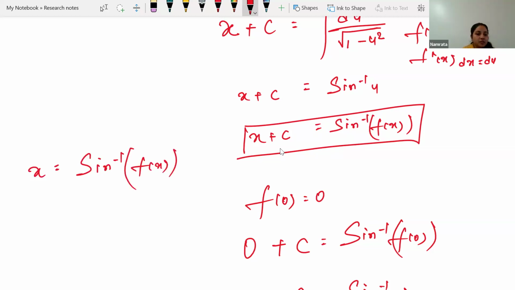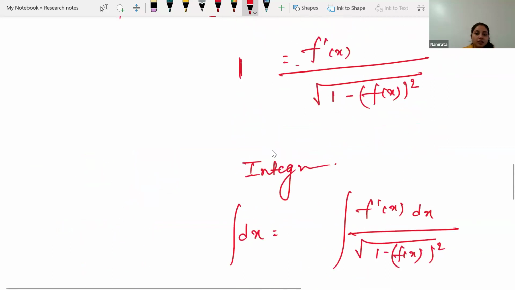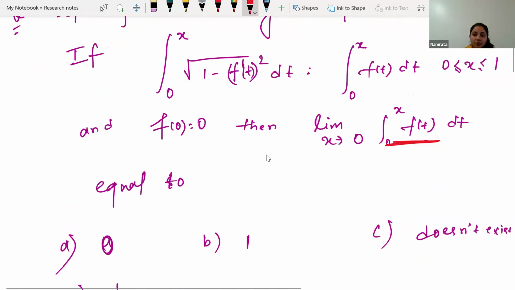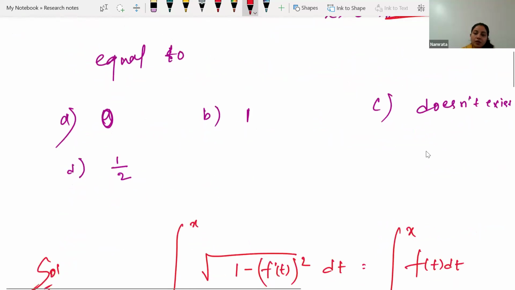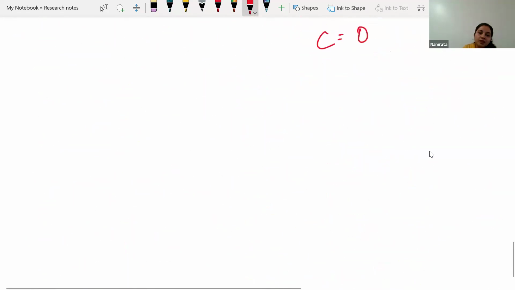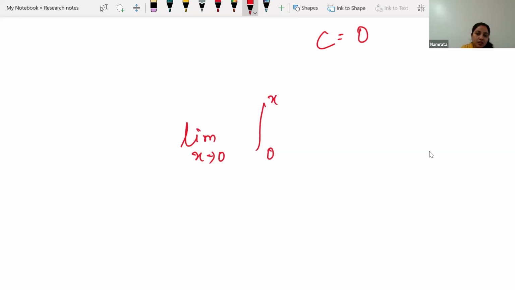Okay, this sine inverse we can transfer to that side. So on that side it is sine x is equals to f of x. Okay, f of x we got as sine x. We have to find the given limit. What is the limit? The limit is limit x tends to 0, integral 0 to x of f(t) dt.